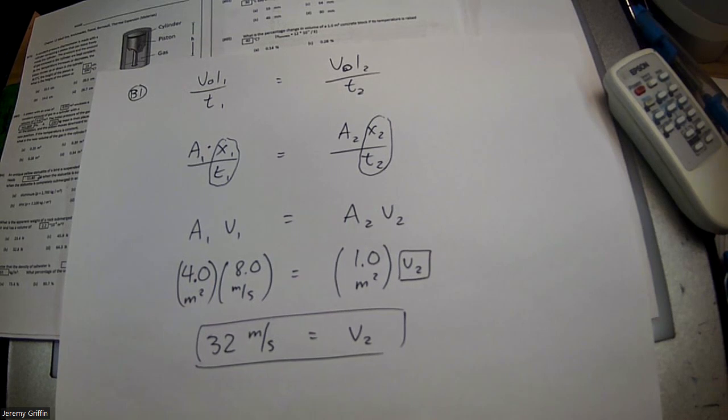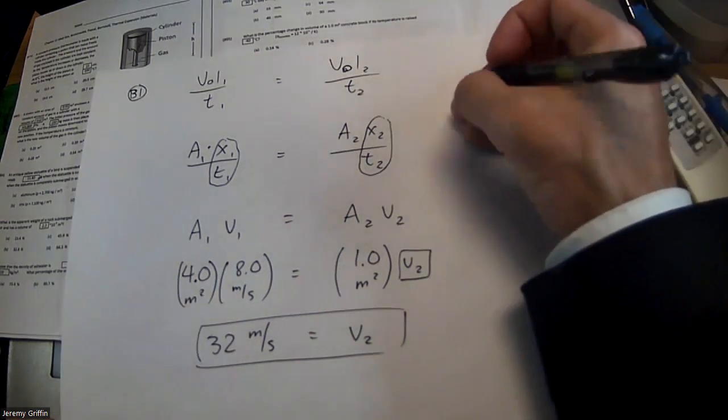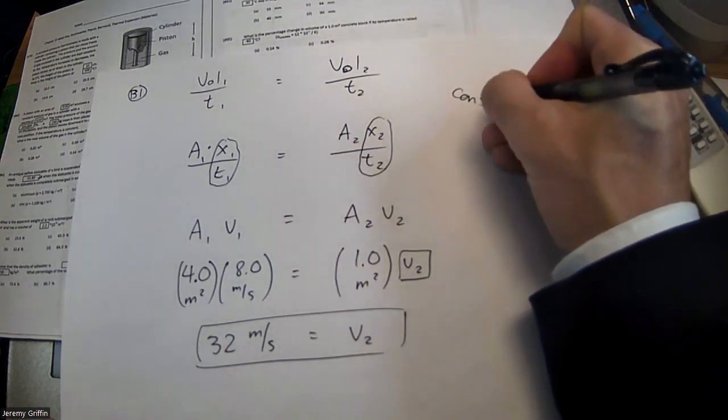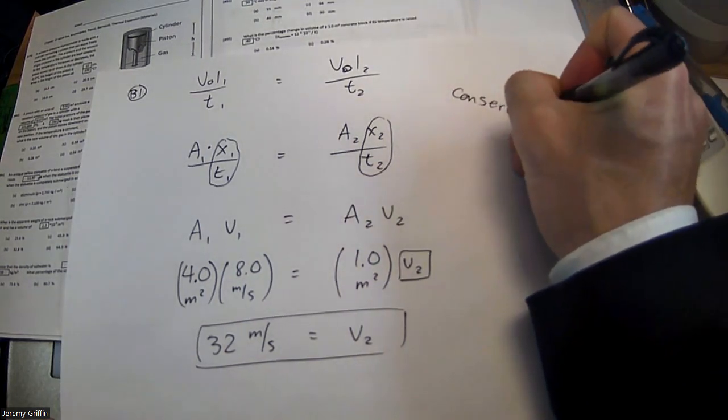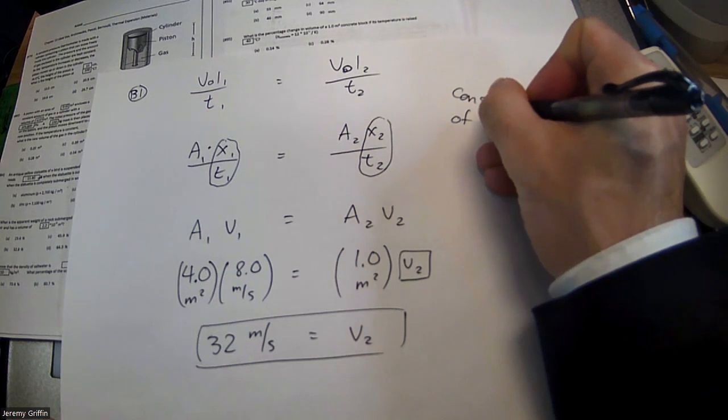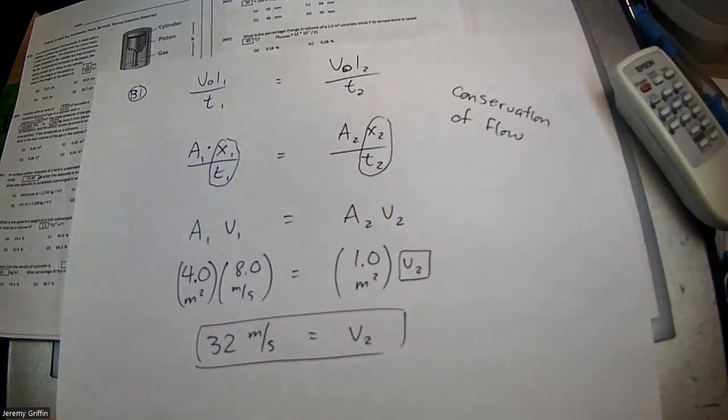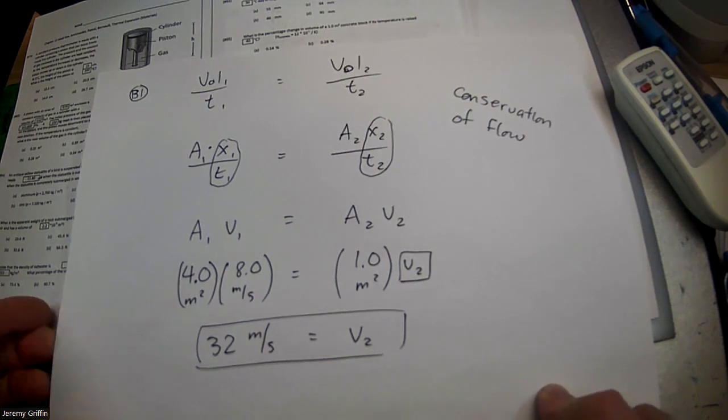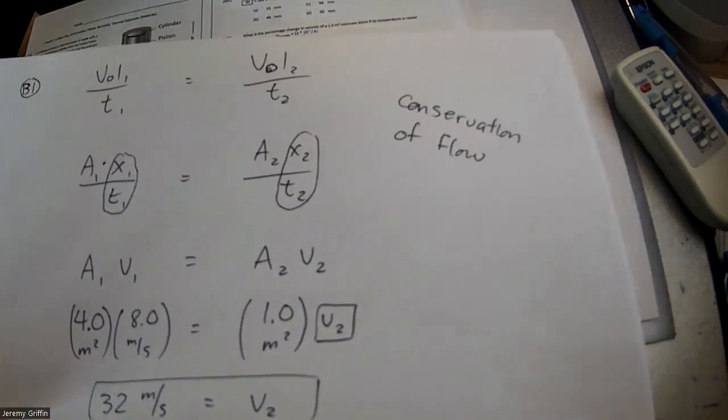Conservation of flow. Okay, that working out for you guys? There we go. Now that one you have to get right to get the next question. This is really a lead into the next question, which is the Bernoulli principle, okay?